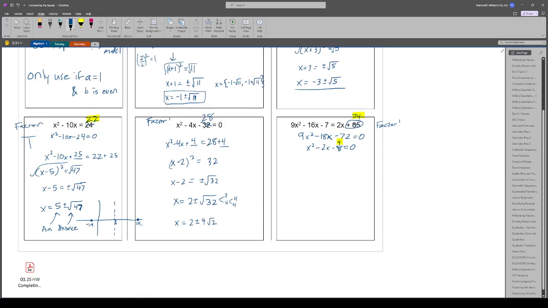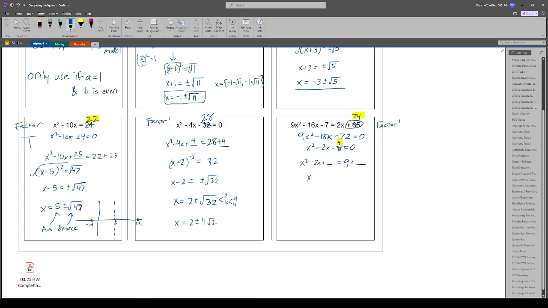And then the last one, we changed this to 74 so that this would be x squared minus 2x minus 9. So that would be x squared minus 2x plus blank is equal to 9 plus blank.